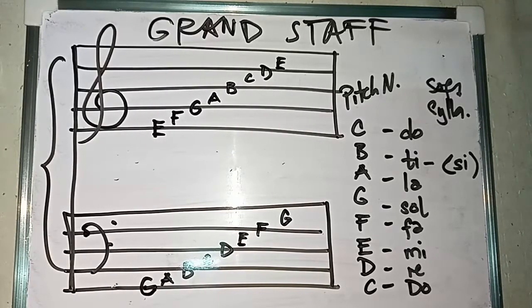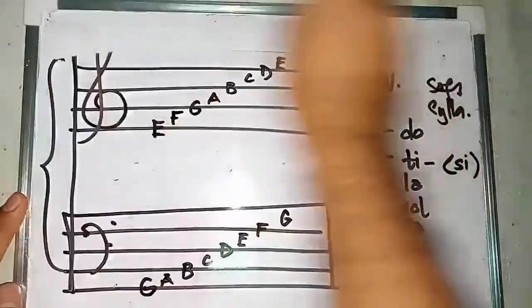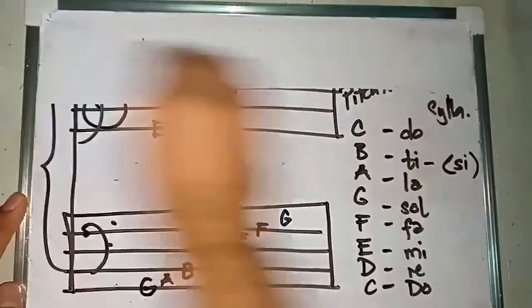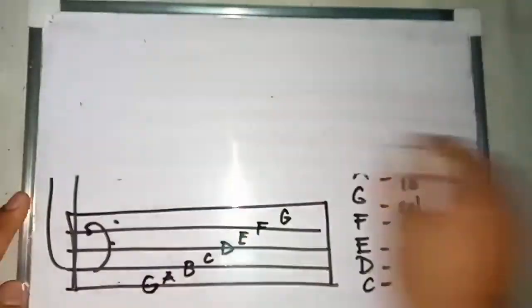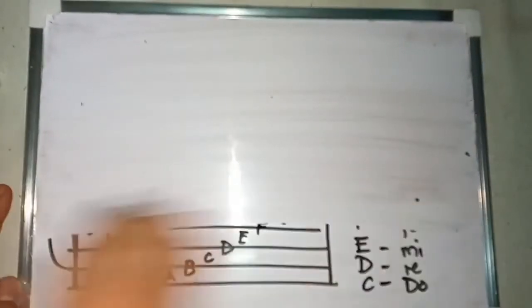Note that the middle C lies in between both staves. So we will create a grand staff with an illustration also of a keyboard or piano.